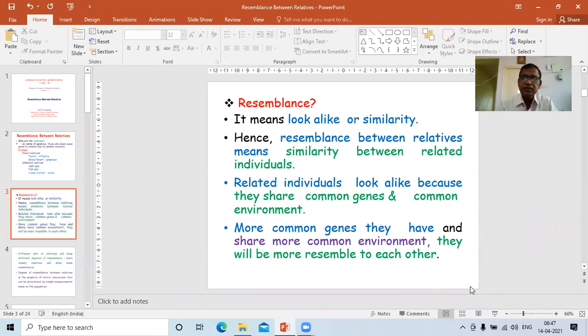That means the son looks 100% like his father, or the daughter looks like her mother, because there is close similarity. Why? Because either that son or daughter receives half of its genetic material directly from the father or directly from the mother.